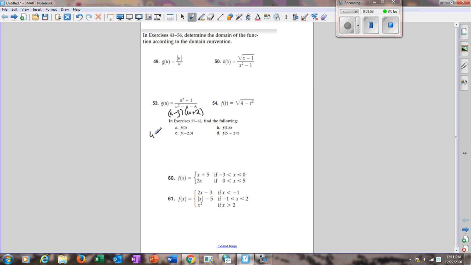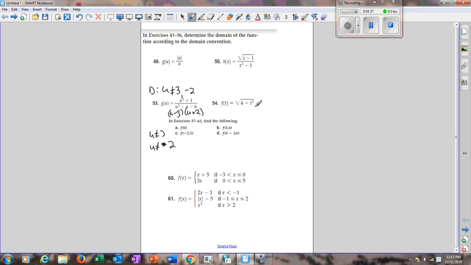That's going to give you u cannot equal 3 and u cannot equal negative 2. So that's my domain. Domain is u not equal to 3 or negative 2.